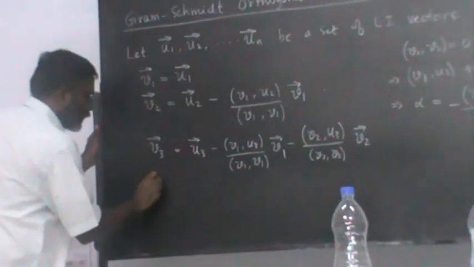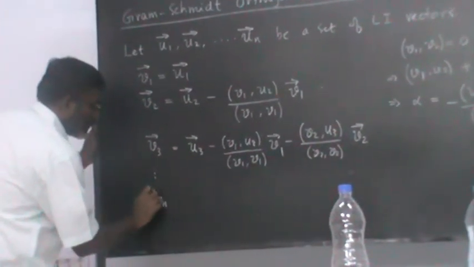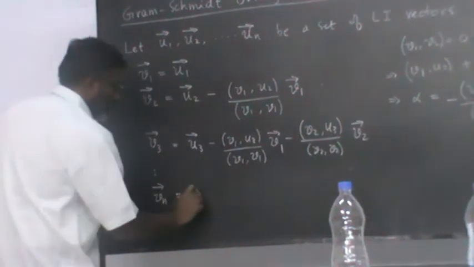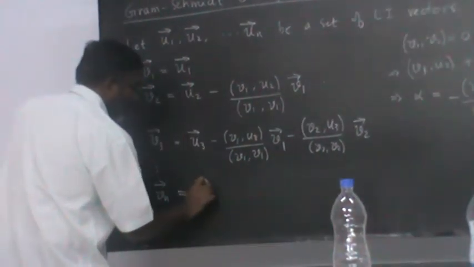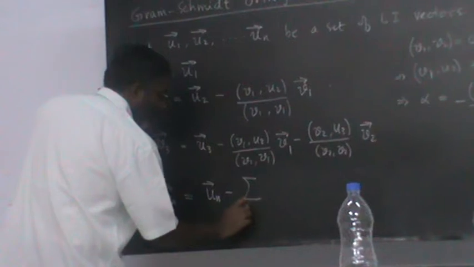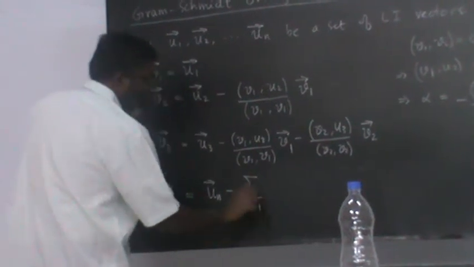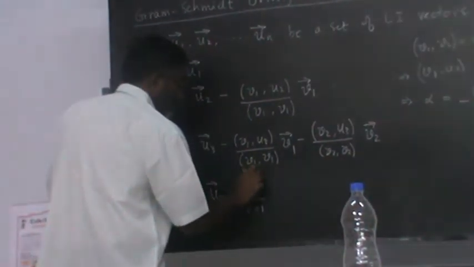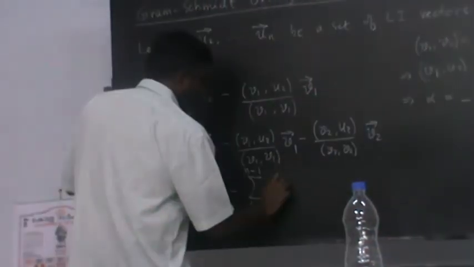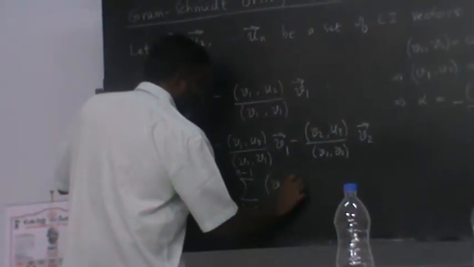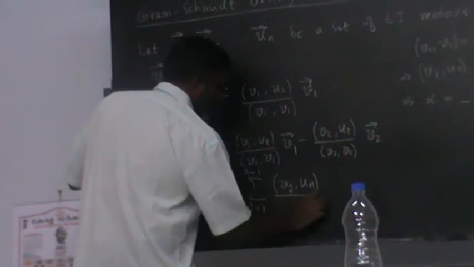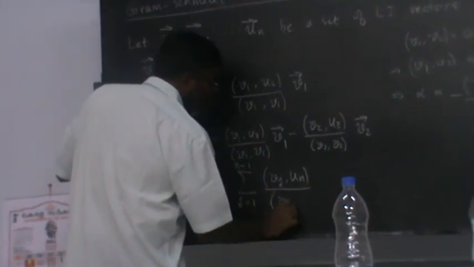So in general, you can define a vn which is equal to un minus the sum over j equal to 1 to n minus 1 of vj comma un divided by vj comma vj times vj.